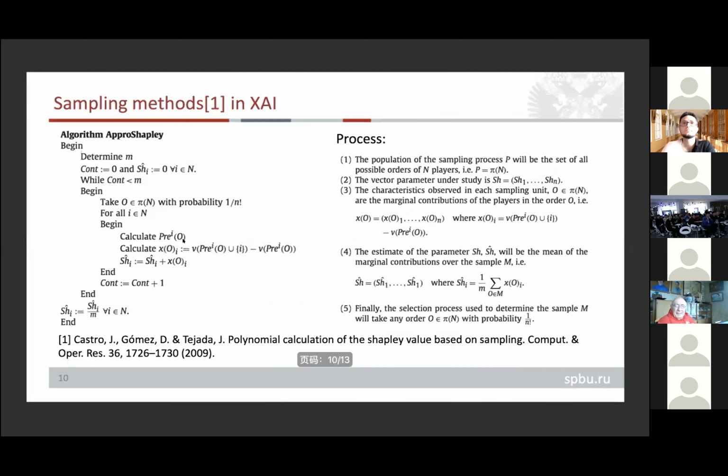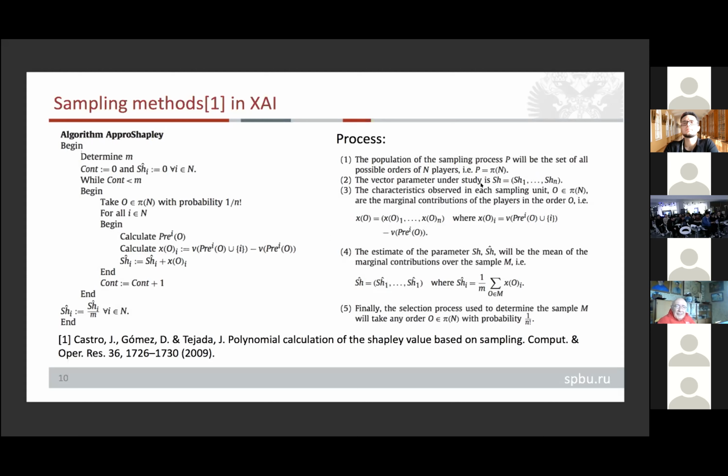Okay, and for the second solution we proposed for solving high dimension, it is about the sampling methods, and the idea comes from the paper on polynomial calculation of the Shapley value based on sampling. On the left, you can see the algorithm and the process. For this part, there is not much to explain because everything seems quite clear.